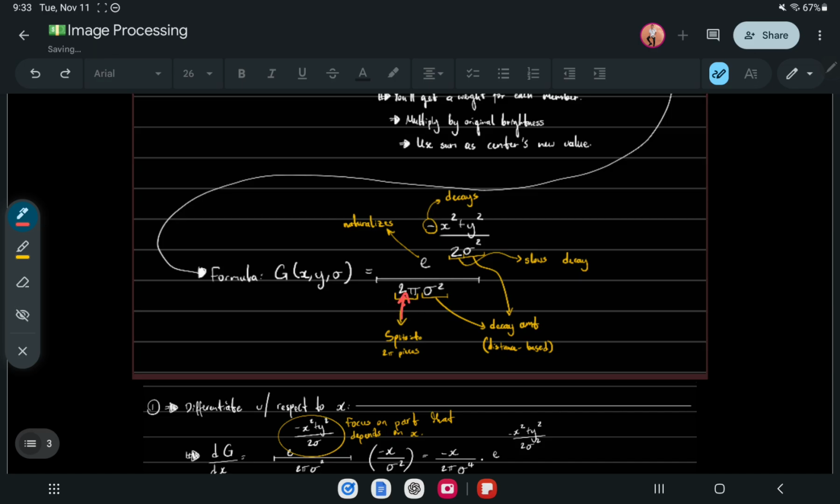The 2 pi splits the weight into 2 pi pieces. It's one whole, but divided into 2 pi pieces. When you sum up everything, it's going to add up to 1.